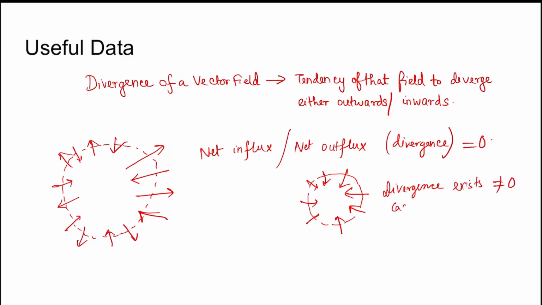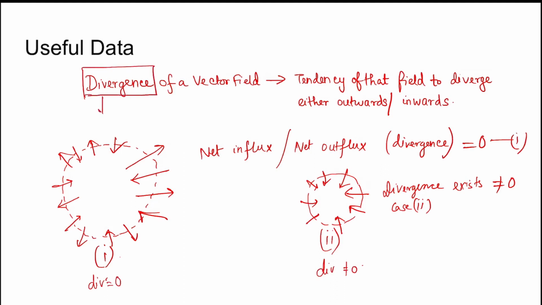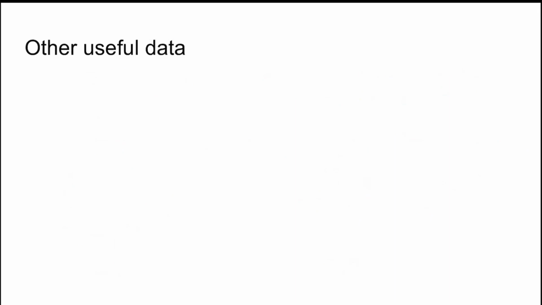For case 2, let us say this is 2 and this is 1. So here for case 1 divergence is 0, here divergence is not equal to 0, and also divergence is a scalar quantity. Remember this.